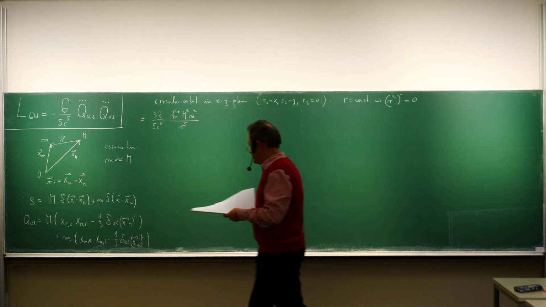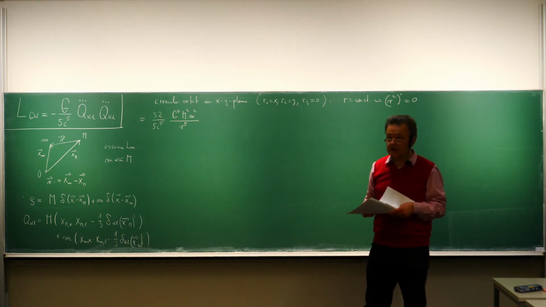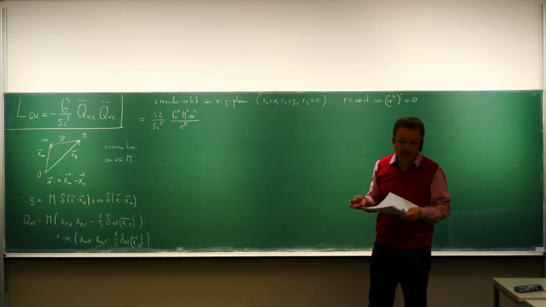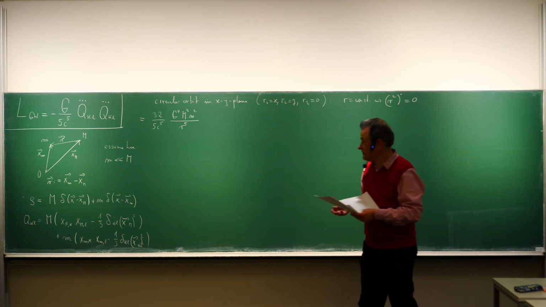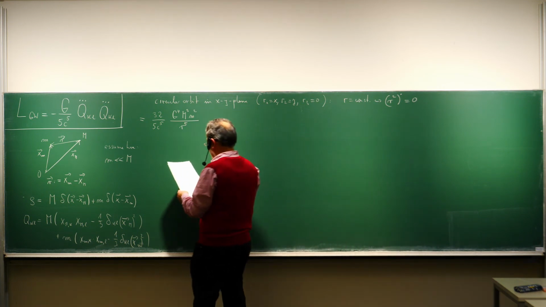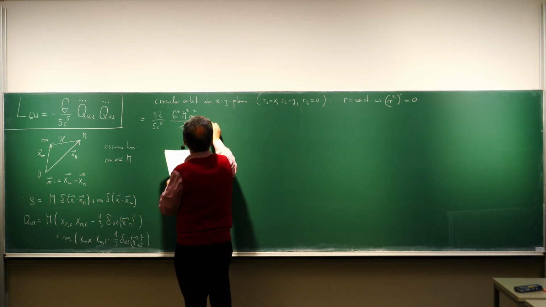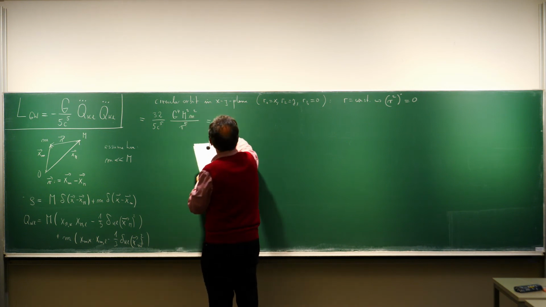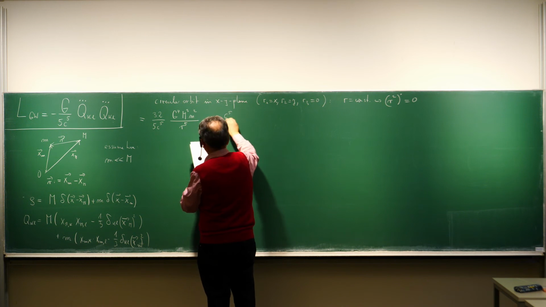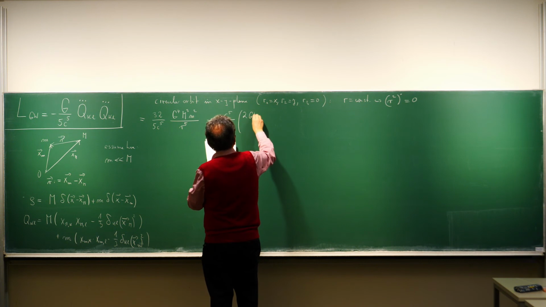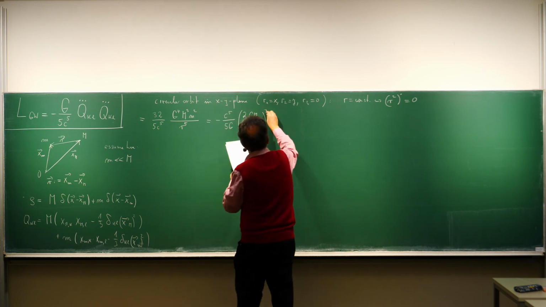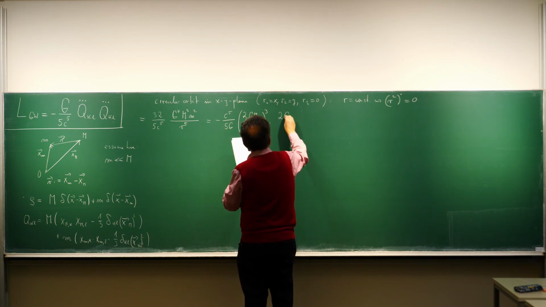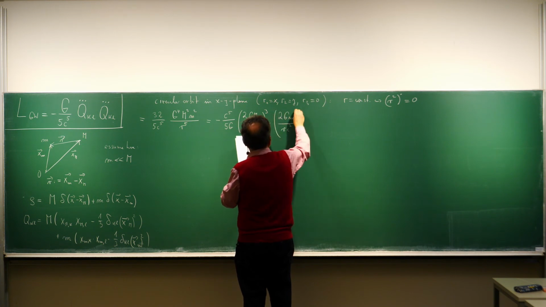That's what you find from this. You may have done similar calculations in electrodynamics or even in mechanics when you apply the quadrupole tensor. You can also write this in the following form: minus c to the 5 over 5G, times (2GM over r c squared) cubed times (2G small m over r c squared) squared.